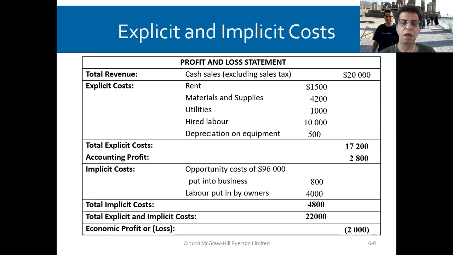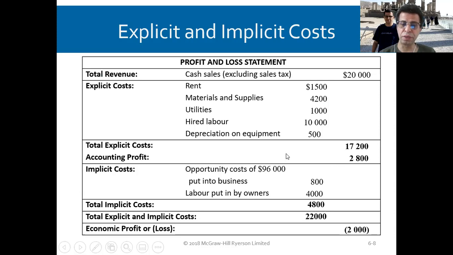So in the accounting approach, total revenue is, say, 220,000, and you paid rent, 42 for the suppliers, utilities 1,000, you hired laborers for $10,000, and depreciation of your equipment is also included. So the total cost is 1720, and you made a revenue of 20,000. That's your accounting profit of $2,800.